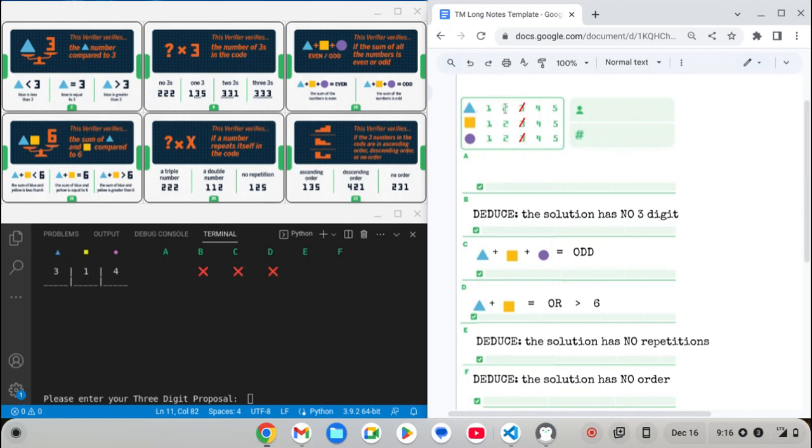If triangle were less than 3, again, we're presuming that the sum is 6. So it may be something like 2, 4, and then the no order would mean that we would have to pick a 1. Otherwise, if it was 4, it would be 4, 2, and then forcing us to pick 5.